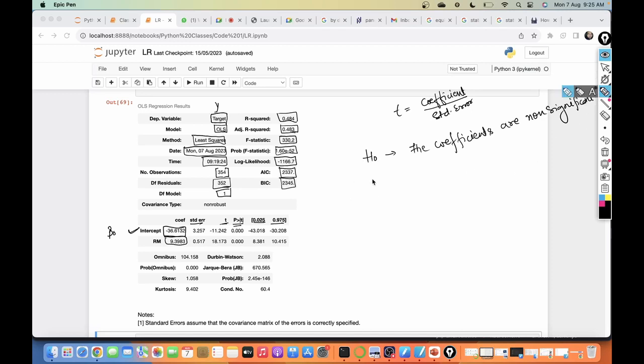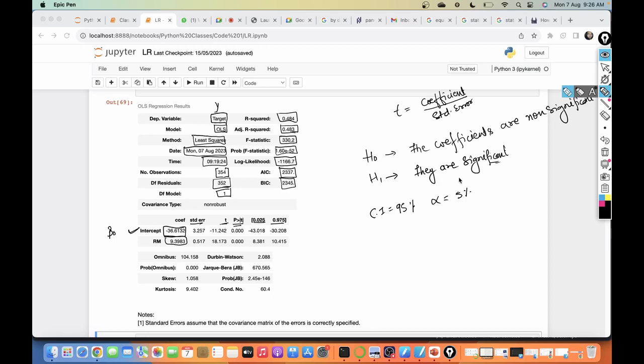Then the alternate hypothesis will be the opposite: they are significant. Now we know that if we have a confidence interval of 95%, then the significance level alpha will be 5%.